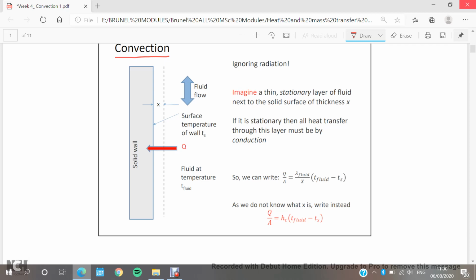In this slide I will try to explain in the easiest way how to derive the convection heat transfer model, or the convection heat transfer equation.